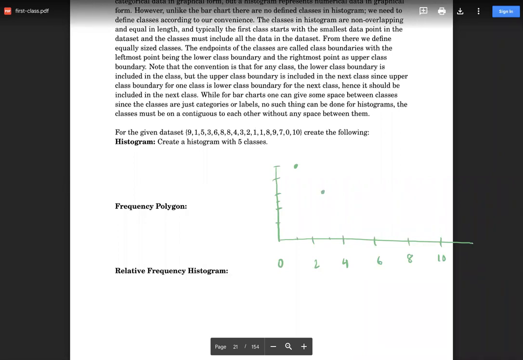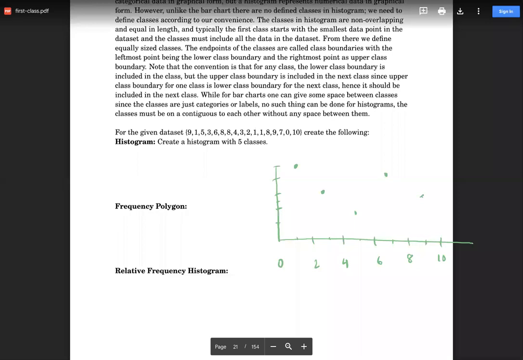And the next one had, does anybody remember how many the next one was? Was it 2? Yeah, okay, so I'm going to go to the class midpoint and go to 2 here. And the next one had 4, I think. So go to the class midpoint, go to the 4th height, which is somewhere here. And the next one had 3, right here.